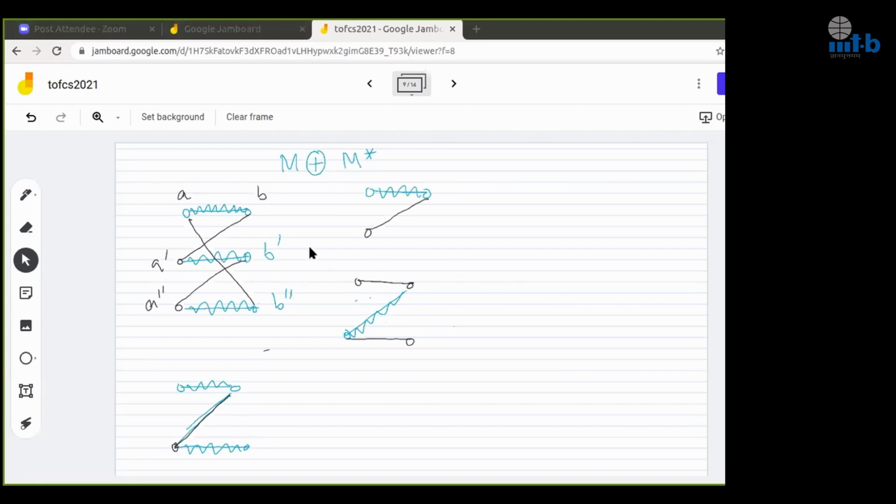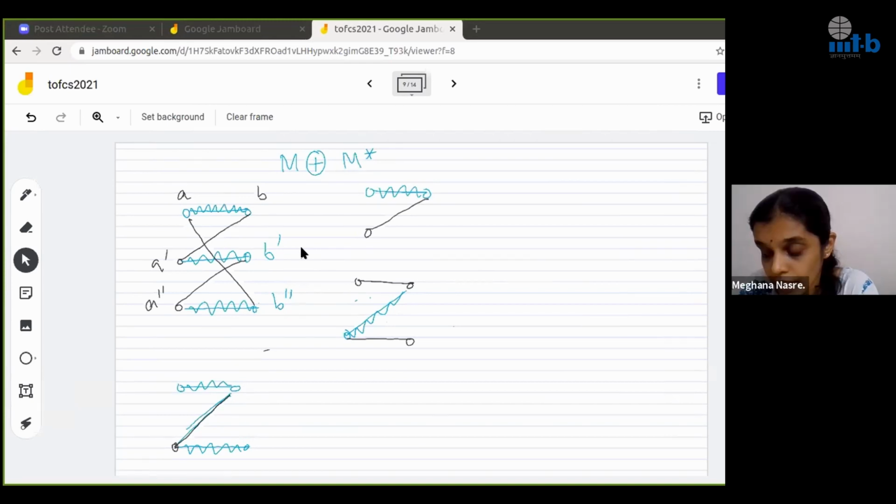Ma'am, if we change these blue edges with black, basically if we alternate the edges between M and M star, then the cardinality will be greater. Basically, this black edge is for M star. M star is a maximum cardinality matching. M is some matching, right?